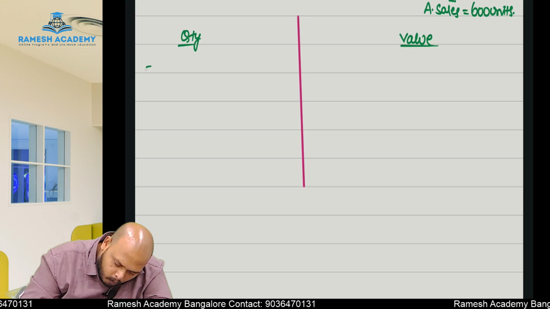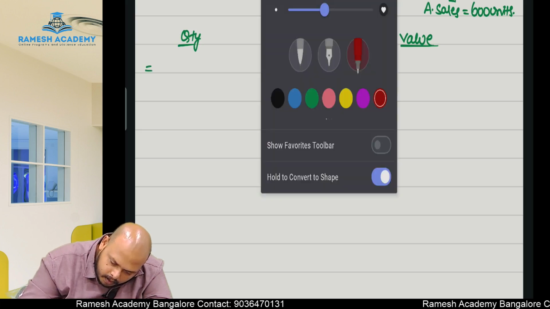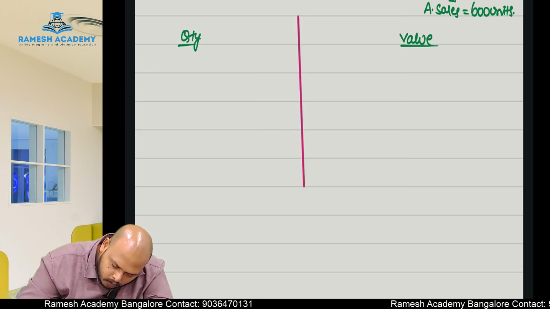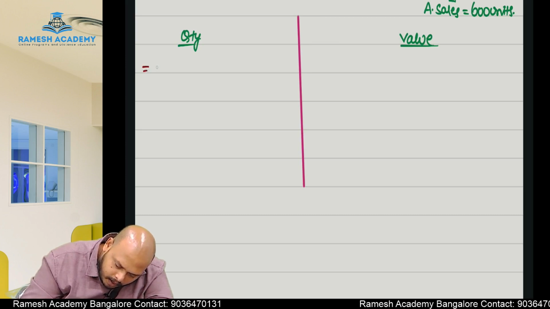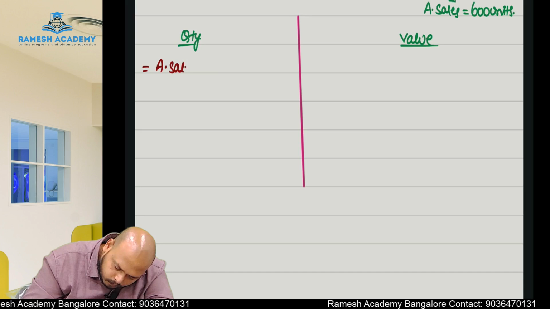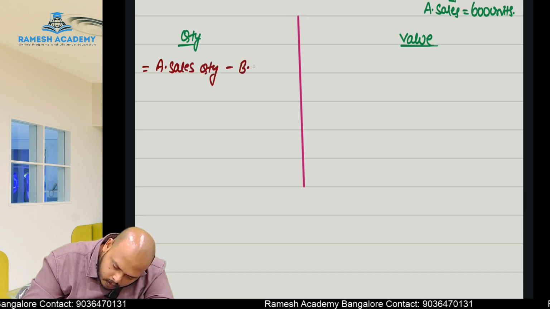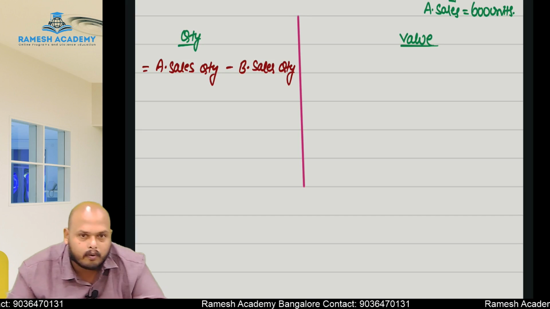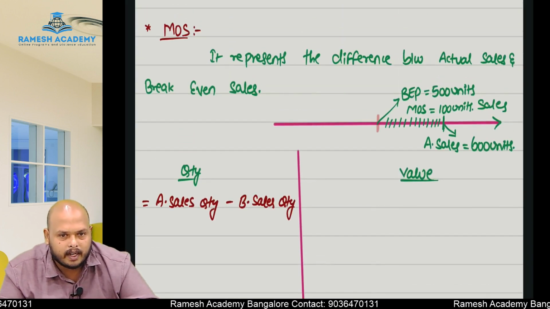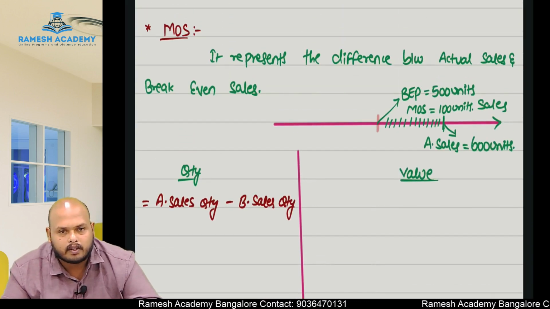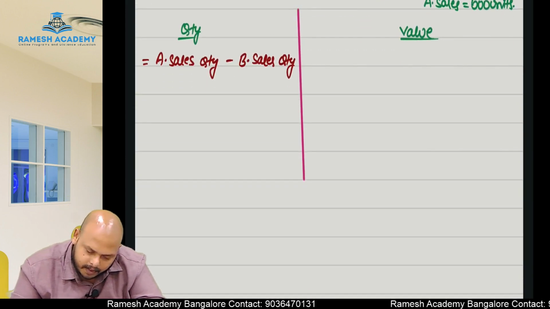Margin of safety quantity is equals to, what is the formula? Actual sales quantity minus break-even sales quantity. That is called margin of safety.